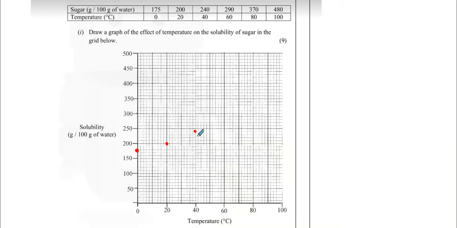So 240 would be just one mini block underneath the 250. 60 is 290, which is around there. 80 is 370, so 370 would be 3 blocks underneath 400 or 2 blocks above 350, and 480 will be 2 blocks underneath 500. Okay, you see it's a curve, not a straight line. And there you go, there is your curve. Done. What's the next thing they want from me?